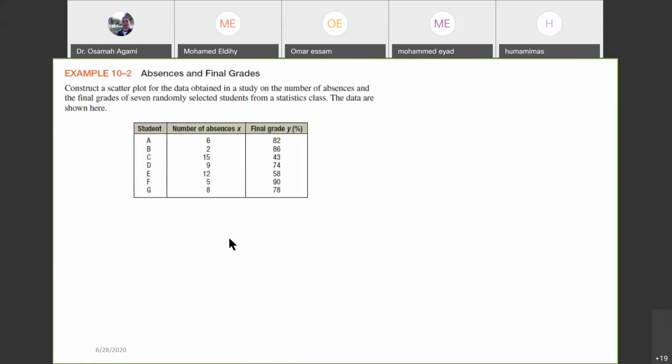Let's go for another one. You have the number of absences, how many times student A was absent, and the final grade result. This means the relation between the attendance of the course and the final grade of the course.